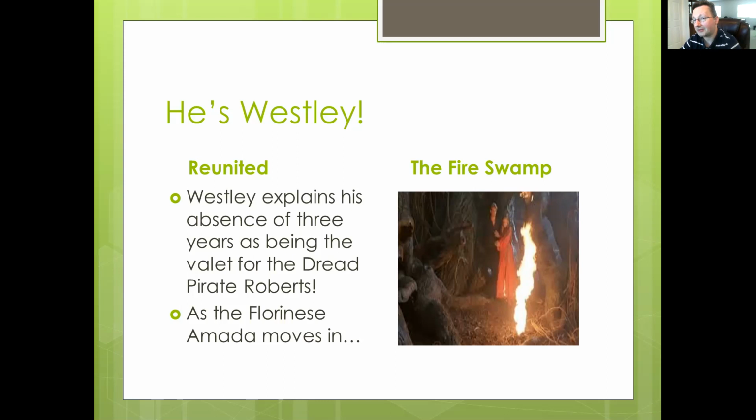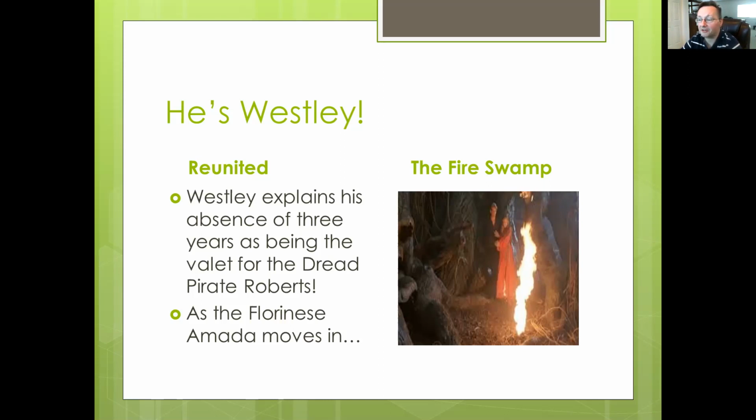Now, as they enter the fire swamp, the Florinese armada moves in on the Revenge, causing the ship to have to pull up anchor. Wesley must have had some sort of crew still attending to the ship. So they pull up anchor and take off because one ship can't defeat an entire armada no matter how fast or able it is.